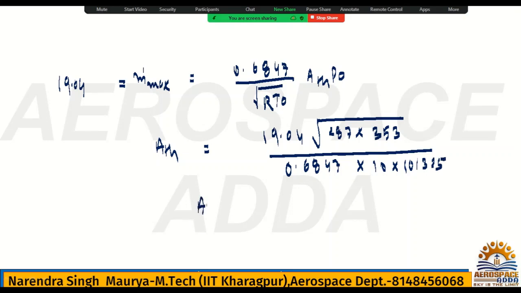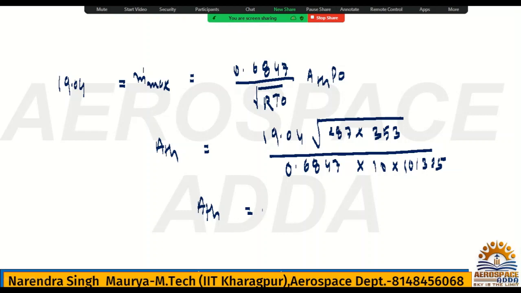If you calculate this ATH, let me check how much it is. 287 into 353, take root of it, multiplied by 19.04 divided by 0.6847 into 10 into 101.325.